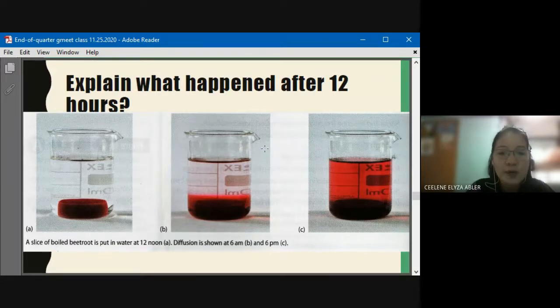Okay? So, notice that as time goes by, habang tumatagal, lalong siyang nag-mix in towards this solution here. So, the movement is actually from higher concentration to a lower concentration.